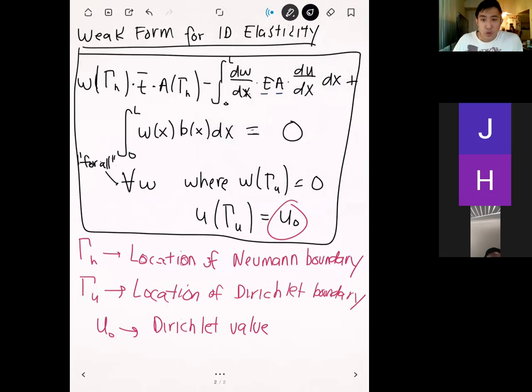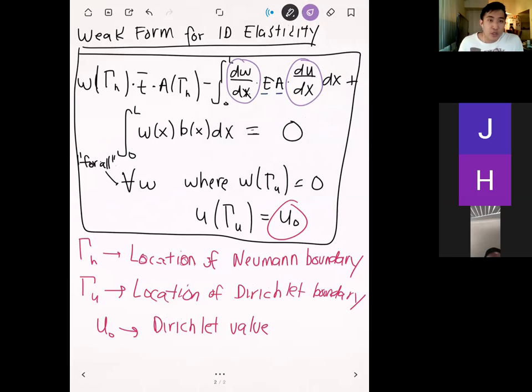And so at the end of lecture on Monday, we talked about some of the advantages of this weak form. First of all, one advantage is that we can look at all the derivative terms in this weak form. Remember the strong form equation that we started with had a second derivative on u: d squared u dx squared times E times A, plus b of x is equal to 0.